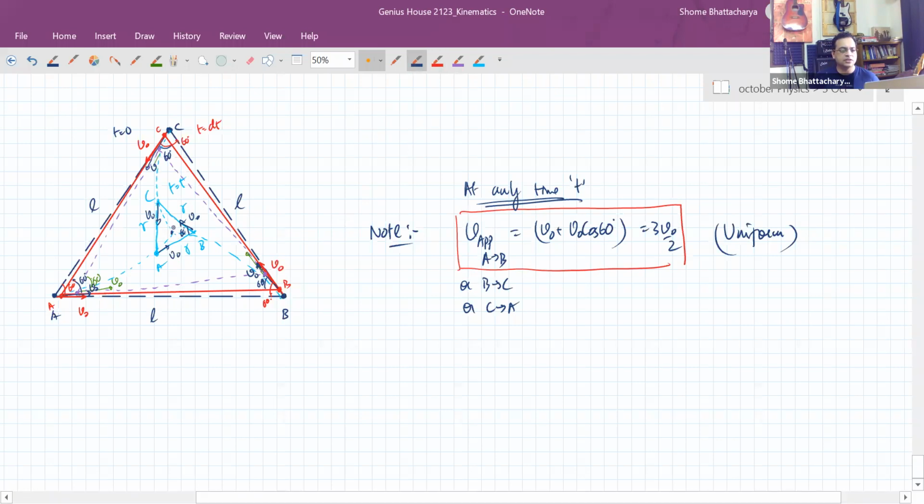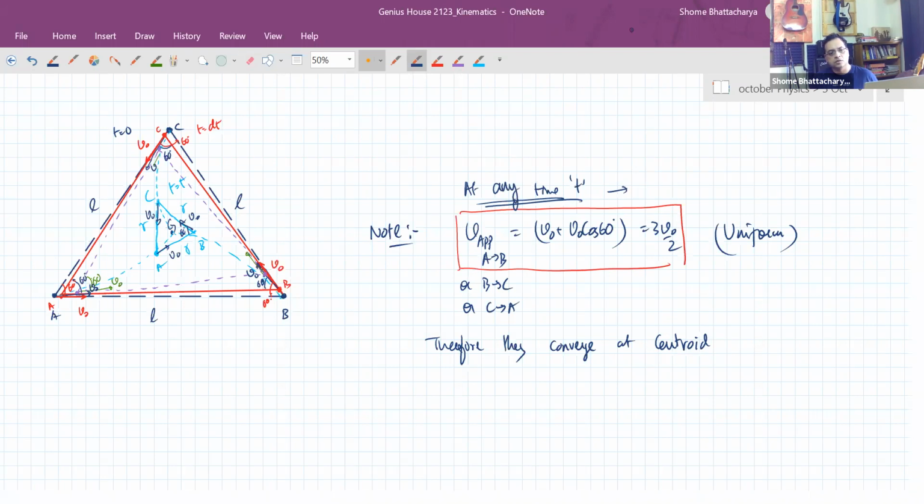So that itself shows you that they will converge at the centroid, let's say G. Okay, so therefore they converge at the centroid, because at any time T they are forming an equilateral triangle with the same centroid as the original one.